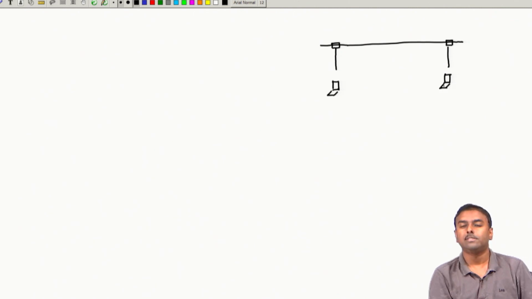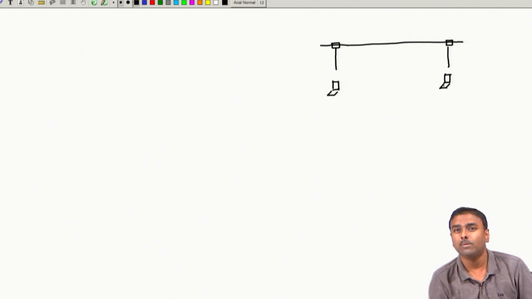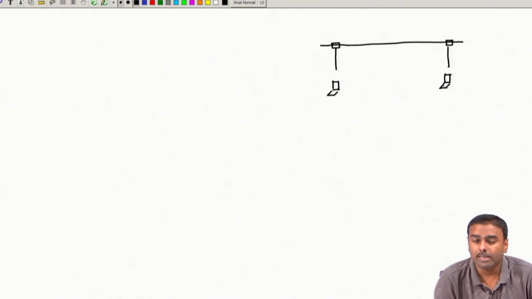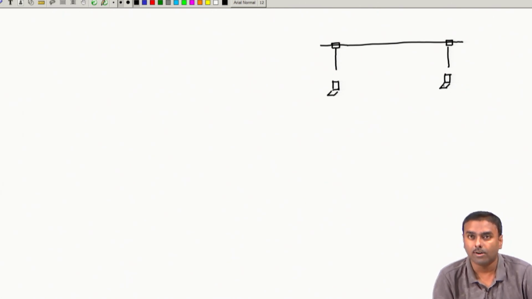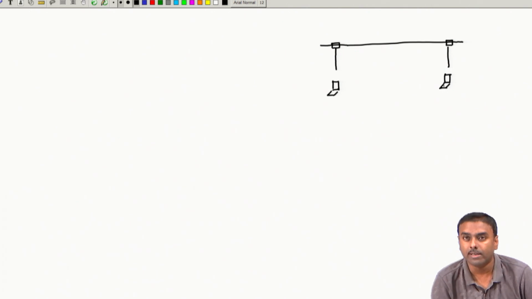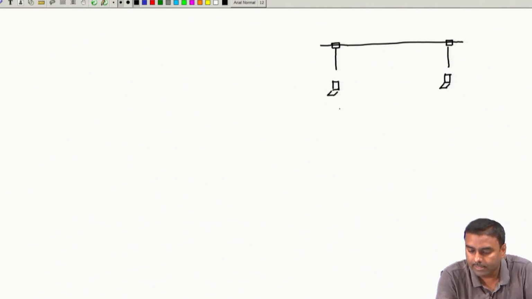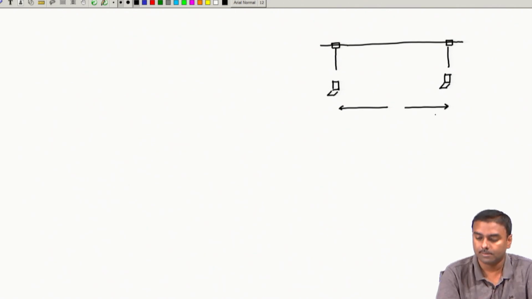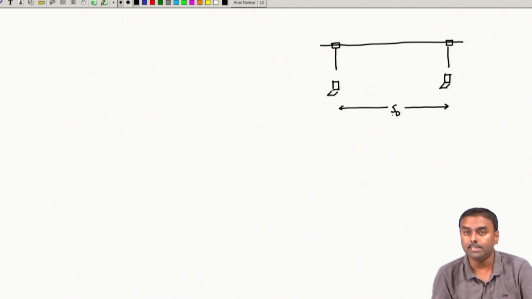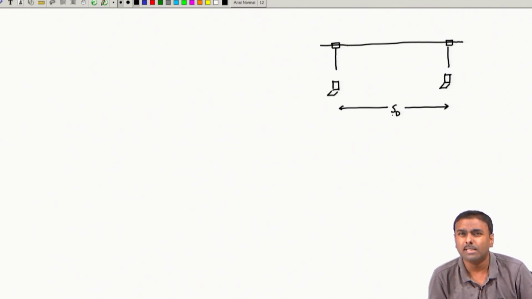Now, we have already demonstrated the time required for detecting a collision, or detecting the presence of a particular node transmitting. We have already said that it depends on the span of the network, SD, which is the distance between the two farthest nodes.